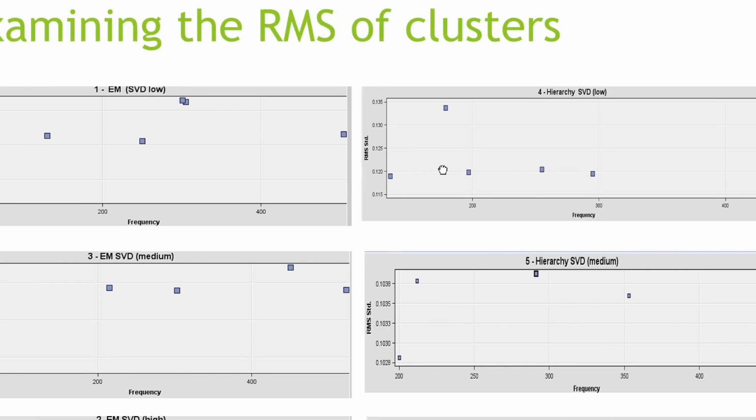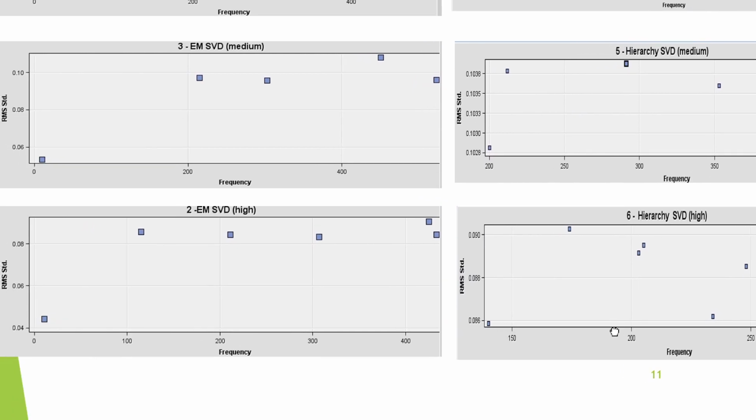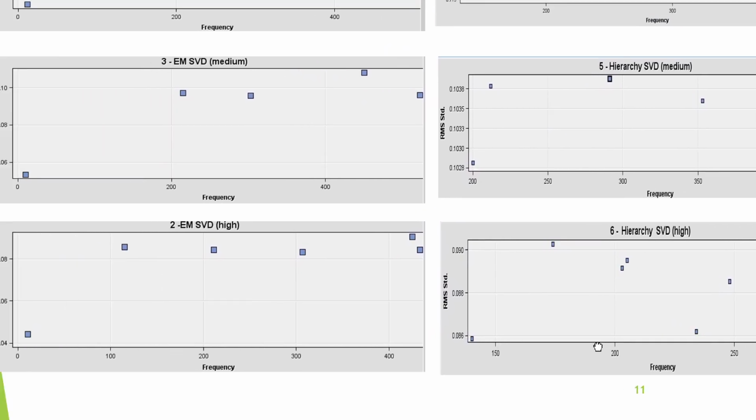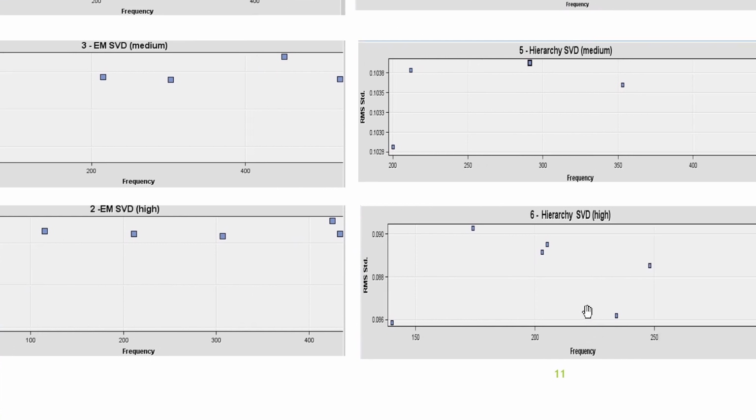So if you use the RMS to compare, you find that it's between EM with high SVD and hierarchy with high SVD, because most of the RMS values fall below 0.1. So we have tentatively selected this cluster 6, based on the RMS.